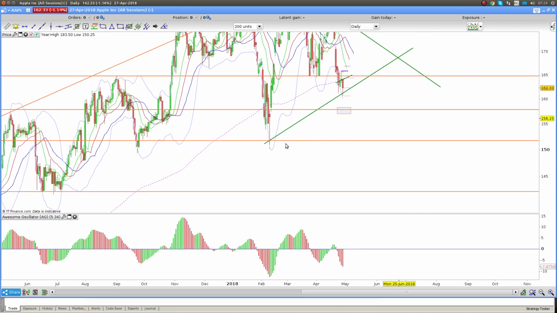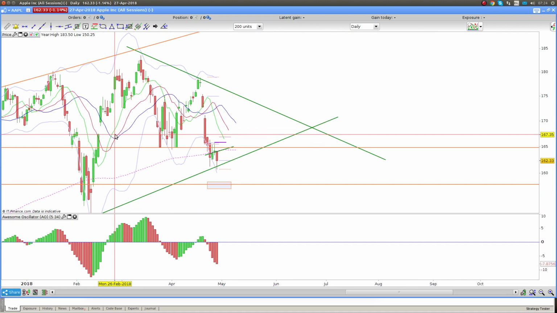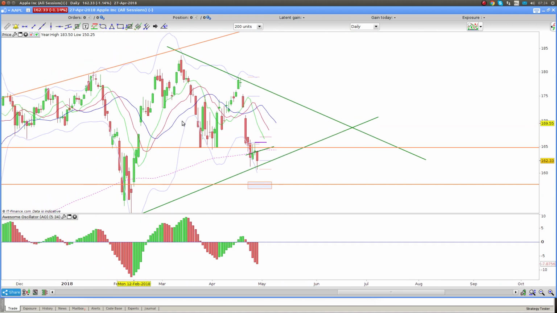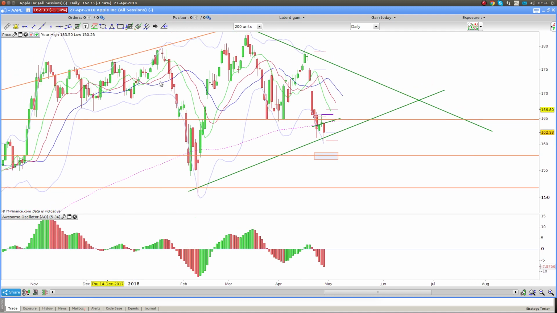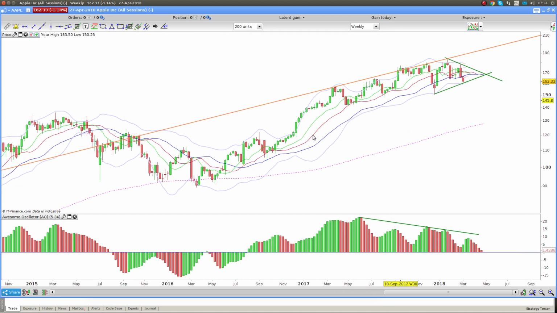Okay, so this is kind of a little bit concerning if you're holding the stock as an investor right now, because these patterns can go either way. So this could just be a consolidation of the bigger move up. So I think let me just get to the weekly and you'll see what I mean.